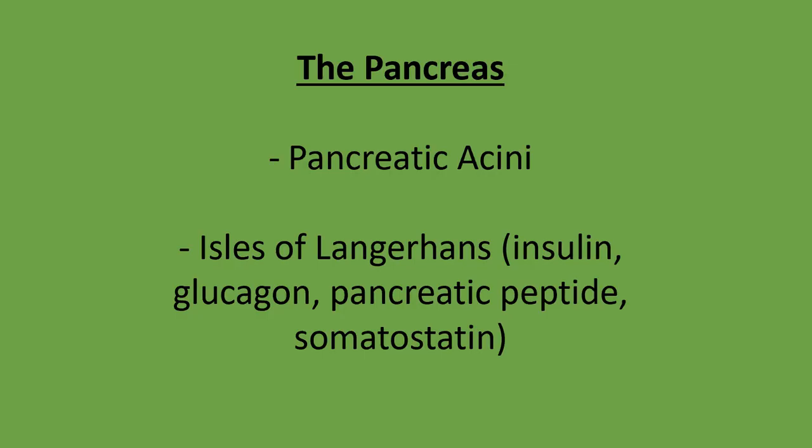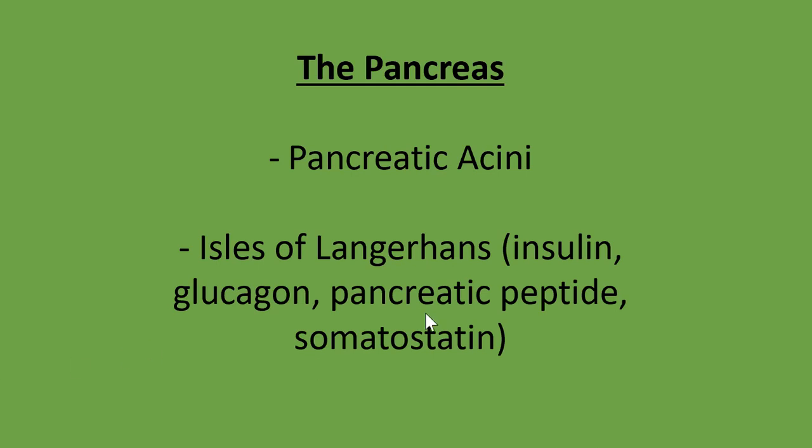Okay, so the pancreas. We're going to be looking for pancreatic acini and the islets of Langerhans. The islets of Langerhans is where we're going to get insulin and glucagon. We're also going to receive pancreatic polypeptide from there, and somatostatin.